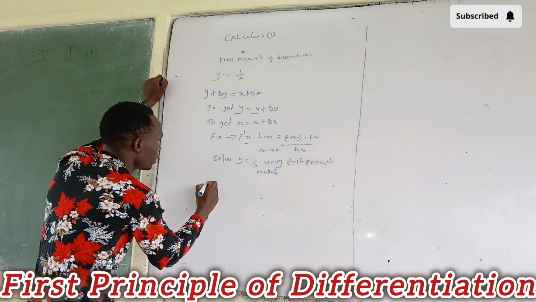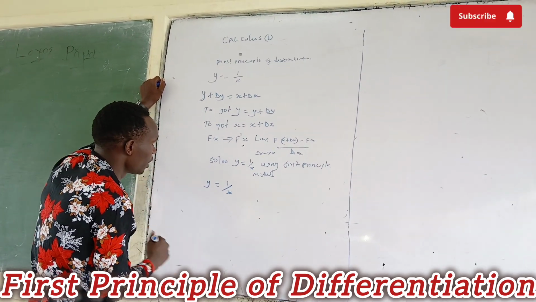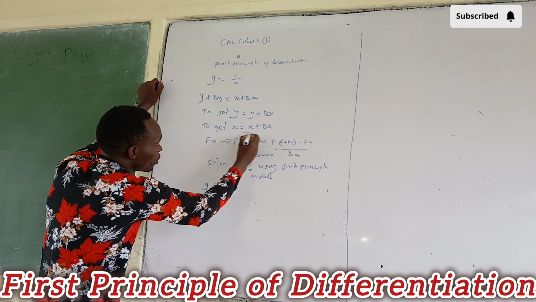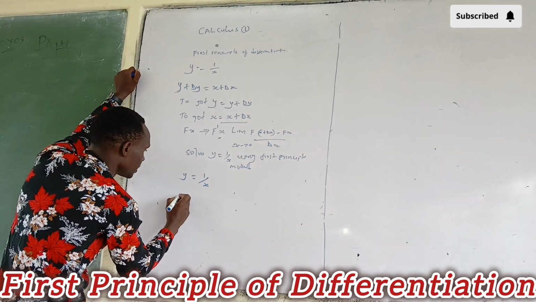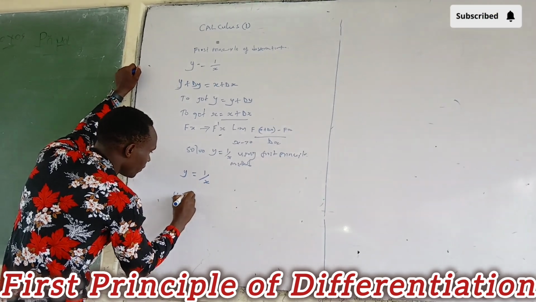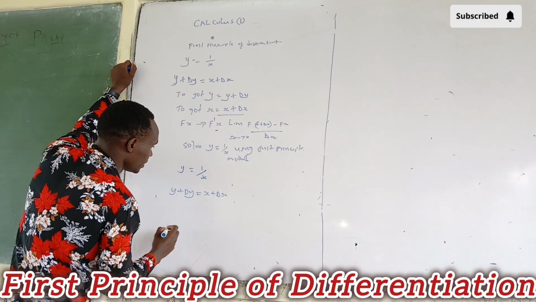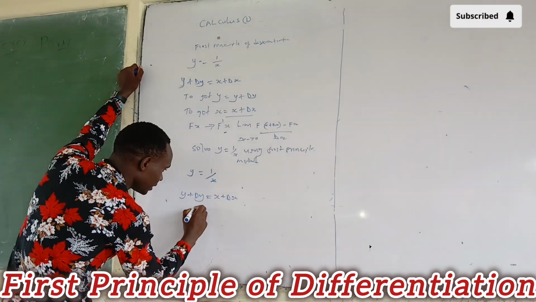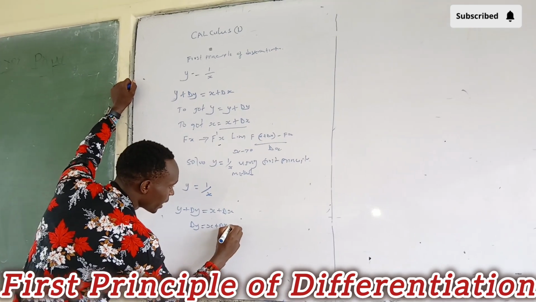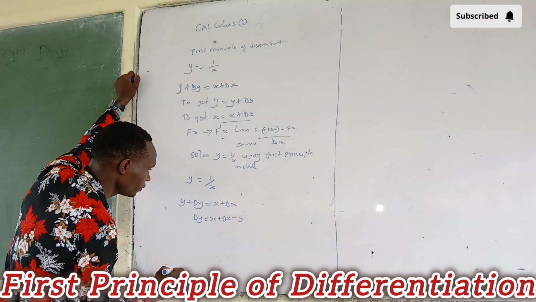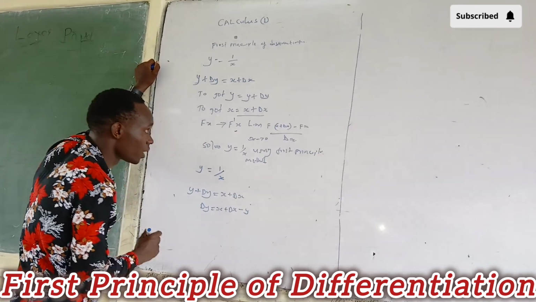So for this equation, y is equal to 1 over x. But the value of x is equal to x plus delta x. So I'm going to get y plus delta y is equal to x plus delta x. Then to get the change in y is equal to x plus delta x minus y. So this is the equation to get the change in y now.